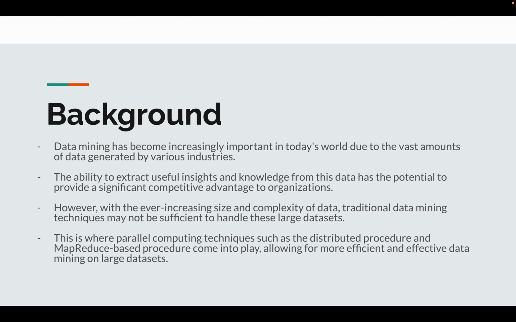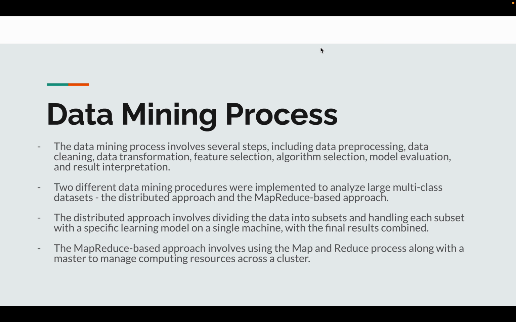And the MapReduce based procedure utilizes the map and reduce process and a master to manage computing resources across a cluster. So in the next section, we'll be discussing these two methodologies in more detail and comparing their performance and efficiency on large multi-class datasets.